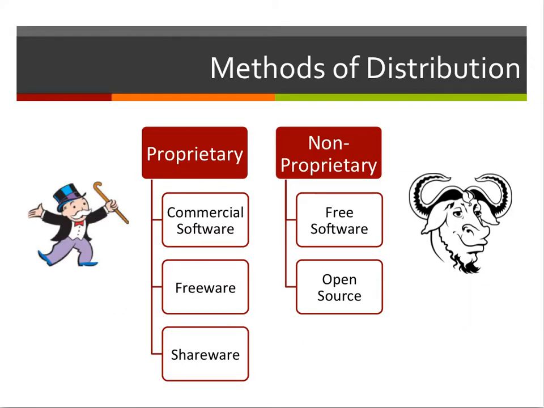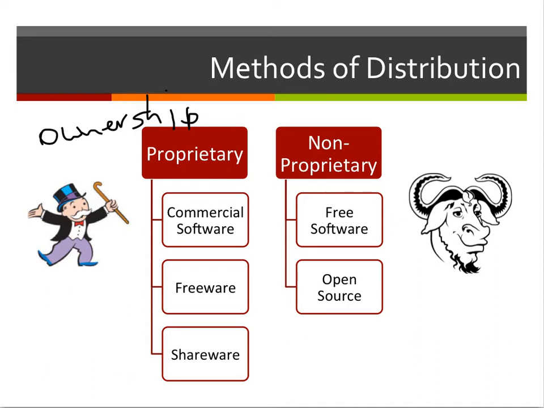So with our two types of software, being proprietary and non-proprietary, the fundamental difference between them really comes down to one main thing, and that is ownership of the software. With proprietary software, we've got commercial software, which is generally sold by a larger software company or a smaller software company, but all designed to make a profit.